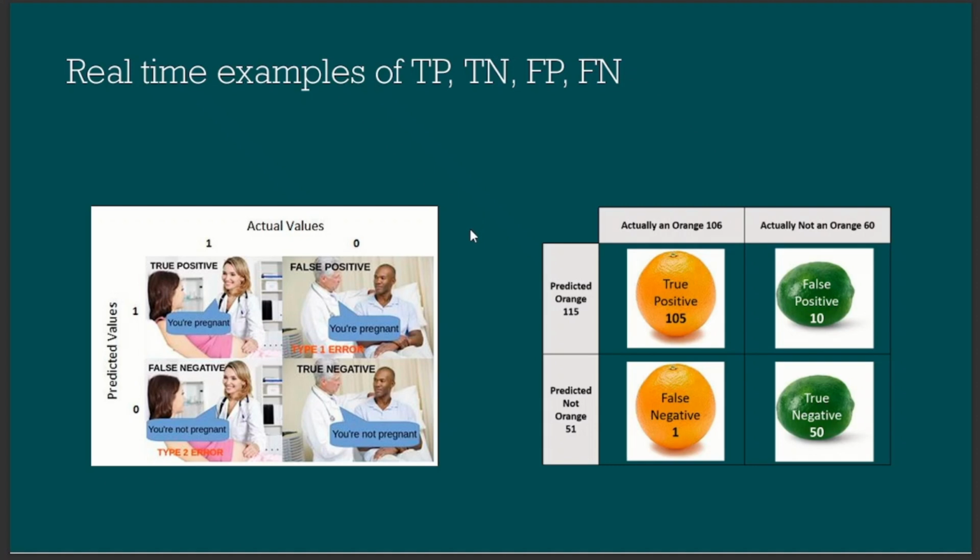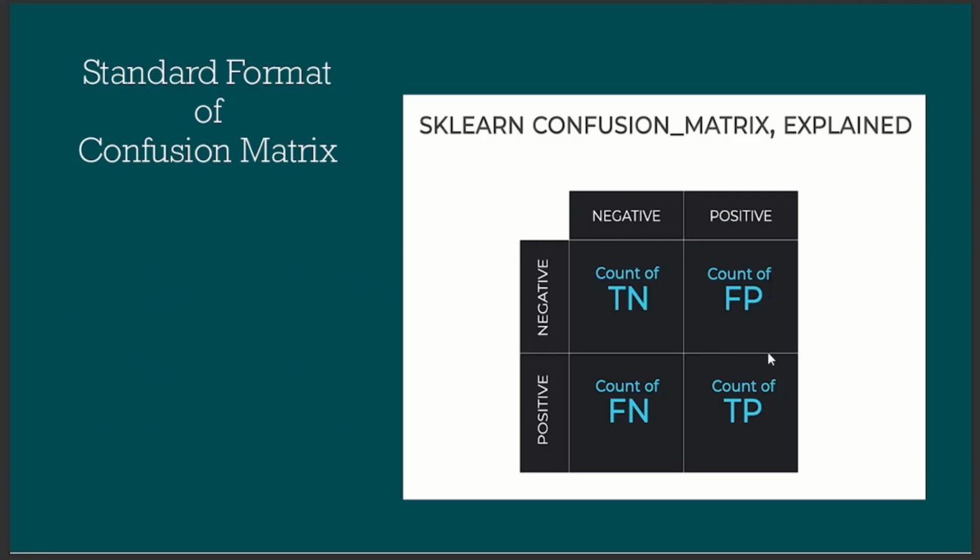What I did till this slide is explain a classification scenario where you have only two classes, either pregnant or not pregnant, or orange or not orange, or male or female. So we have only two classes here, and this is how the confusion matrix looks if the model has only two different classes.